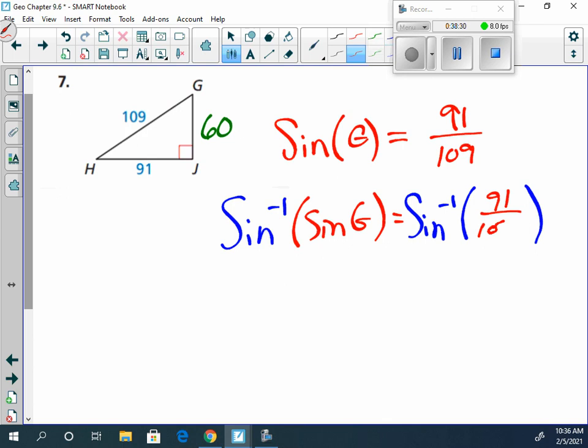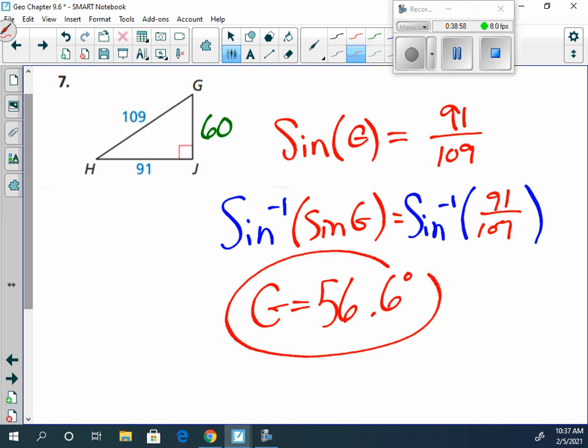And nicely, sine inverse of sine of angle G would just be angle G. So sine inverse of 91 over 109 would be what? 56.6 degrees would be our angle.